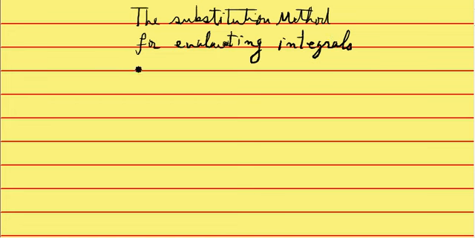To motivate this topic, let me take you back to chain rule. Substitution method is really the idea of a chain rule applied to integration. What did chain rule say?